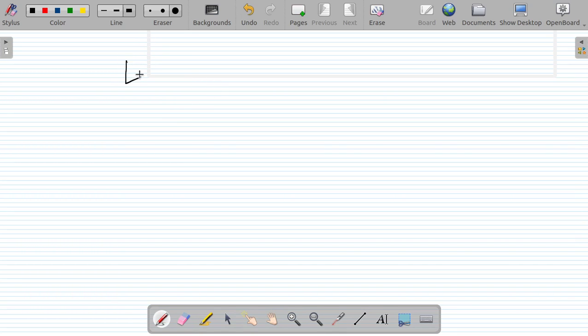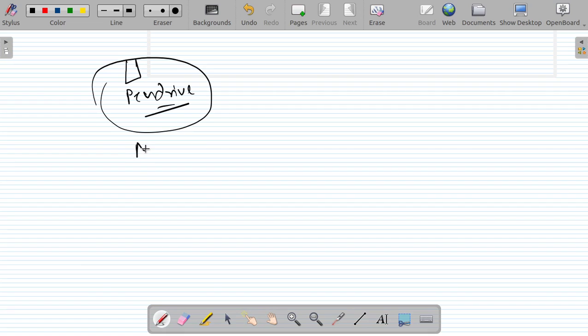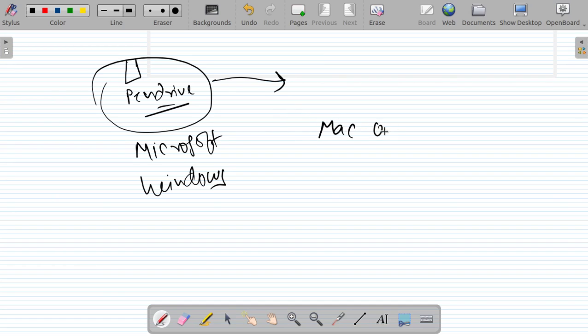Once, in the past, something happened to me. I was using a pen drive, and it worked absolutely fine on my Microsoft Windows laptop. But when I inserted the same pen drive into a friend's laptop which was using the Mac operating system, it didn't work, and I wondered why.